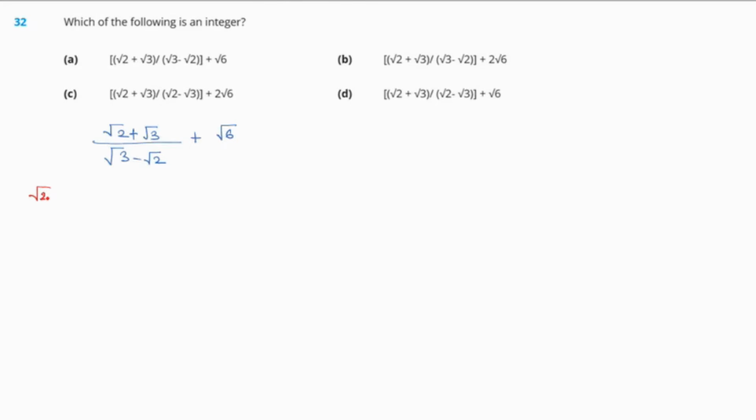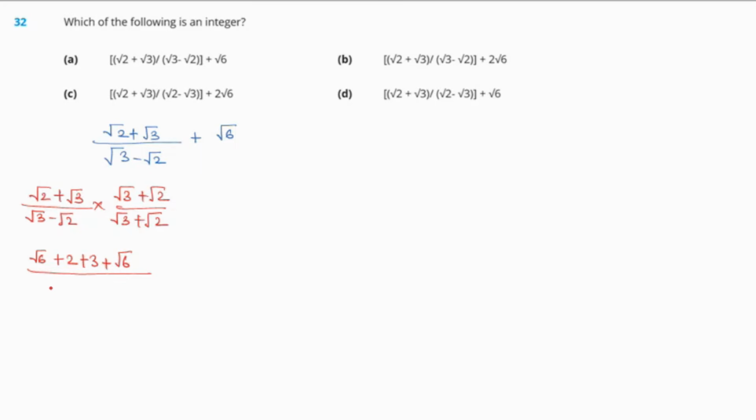When we are going to rationalize it and multiply, we will be getting root 6 plus 2 plus 3 plus root 6.